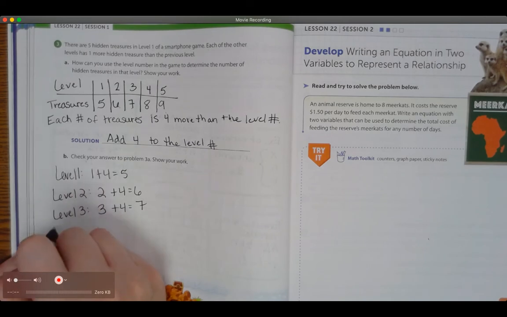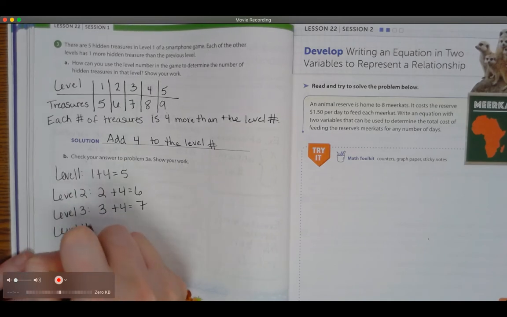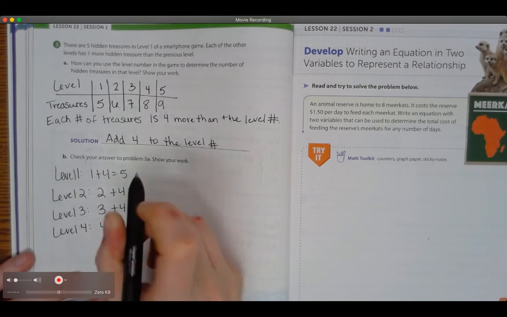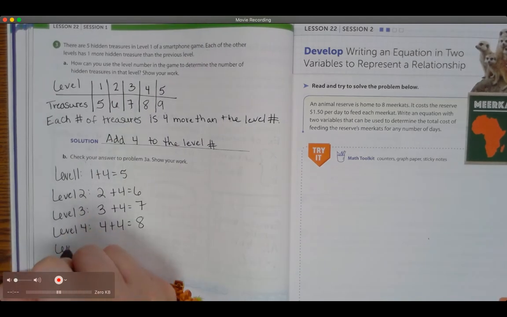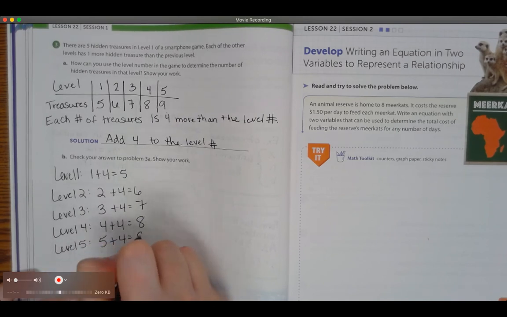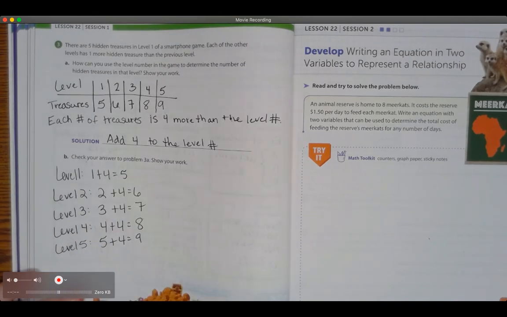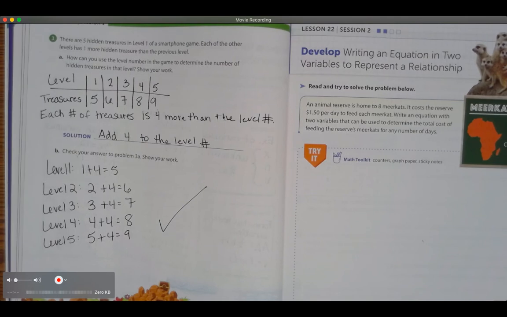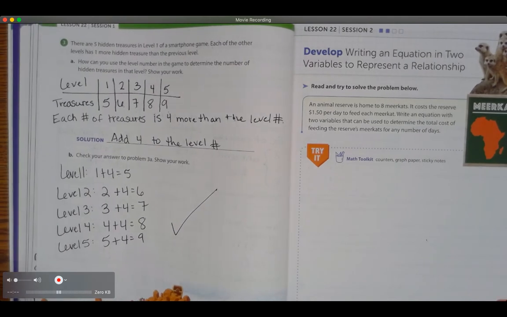Yep. Level 4, 4 plus 4 equals 8. Yep. And level 5, 5 plus 4 equals 9. So adding 4 to each level number gives the correct number of treasures. So yes, that would work. All right, and that's the end of session 1.